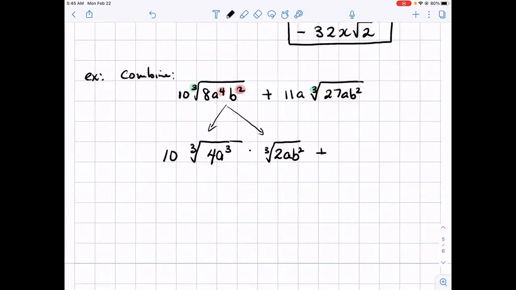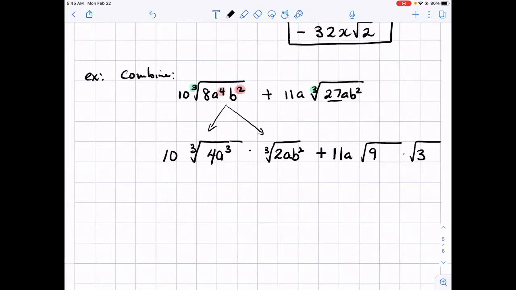Now plus, so the 11a stays outside, and what two radicals am I going to simplify this to? Well, 27 can be 9 times 3, okay? 9 times 3.